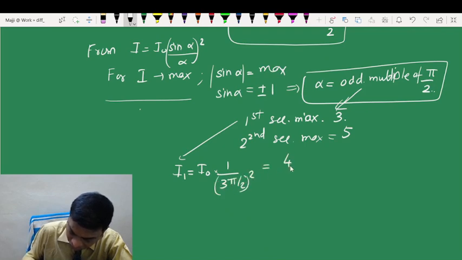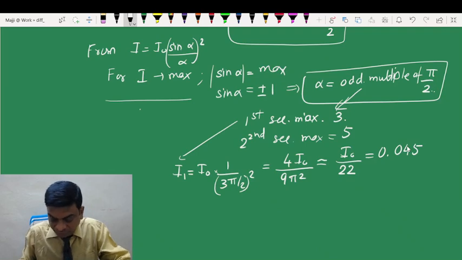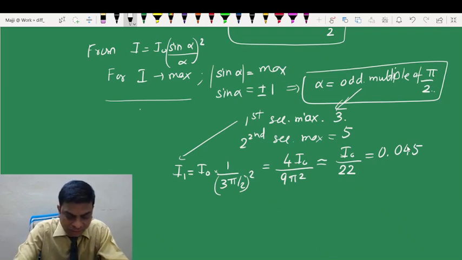So this will be 4 I naught upon 9 pi square, which is approximately I naught upon 22, which is around 0.045, somewhere around this, I guess. Let me confirm this so that you don't have any problem later. So this will be 1 divided by 22.